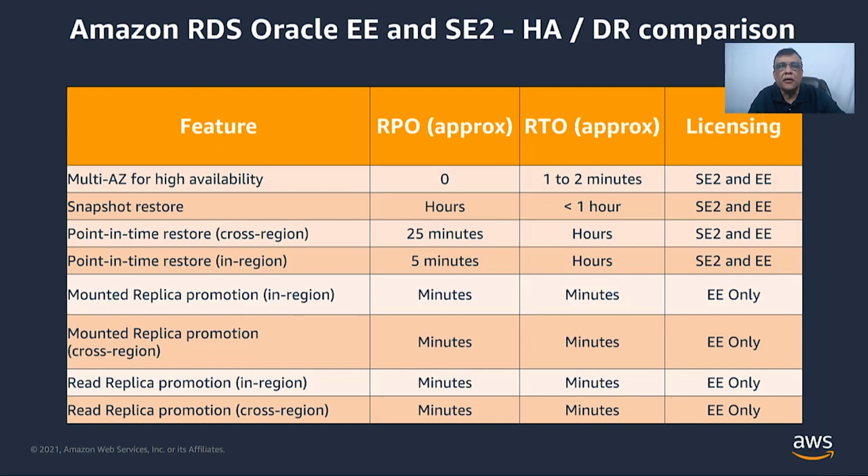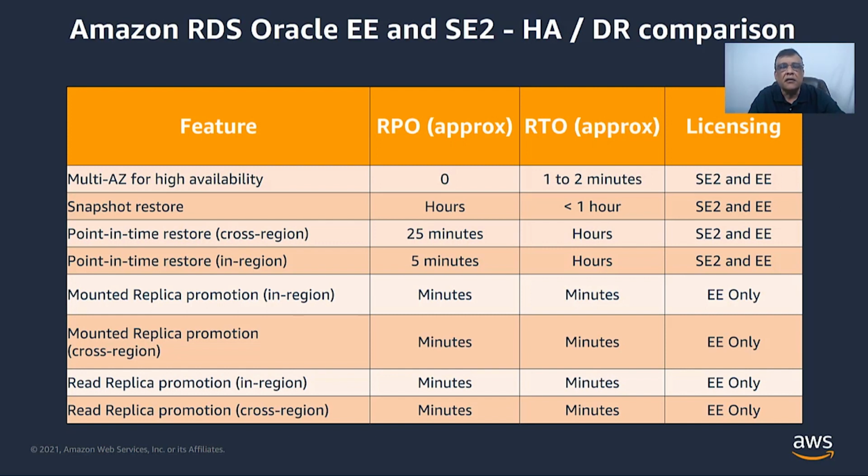In the first option, multi-AZ for high availability, there are two databases running at all times, and the replication is performed at the storage level synchronously. At a time, only one database out of these two is available for the application, and the second database continuously remains in sync with the primary database. When a failure occurs in the primary database, the database fails over and the secondary database becomes primary, and your application can immediately resume operation again.